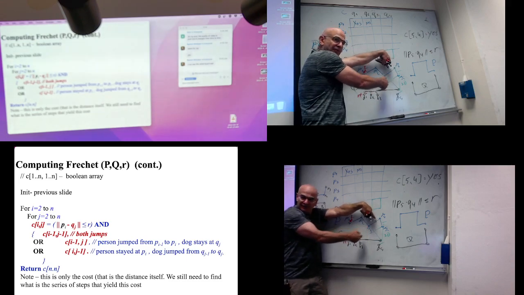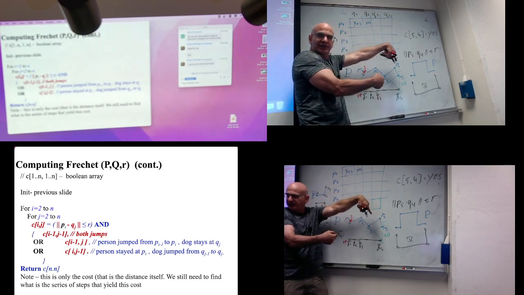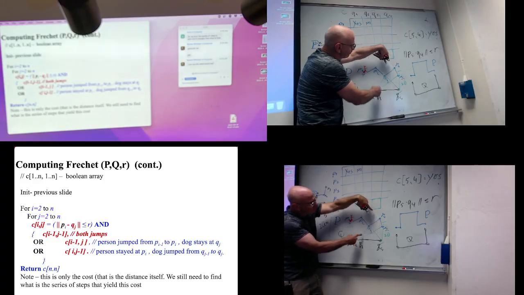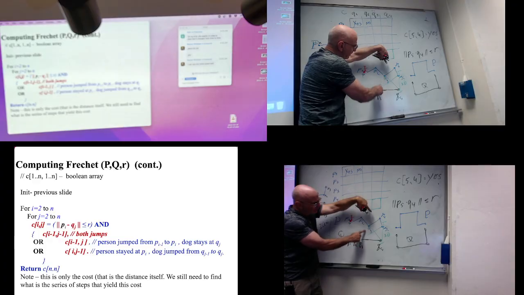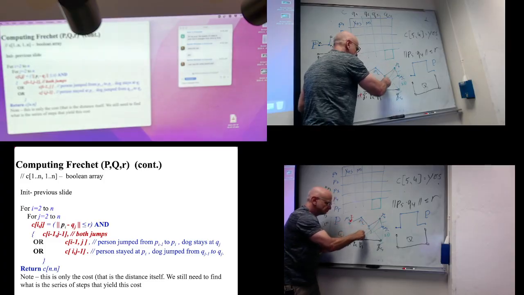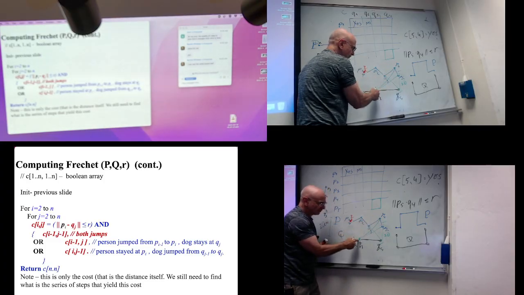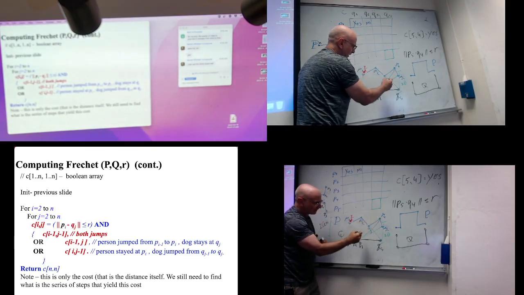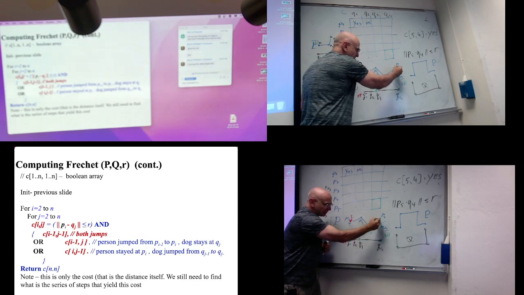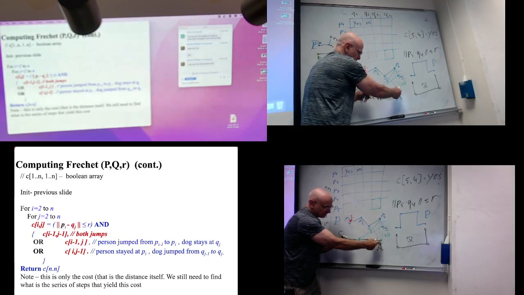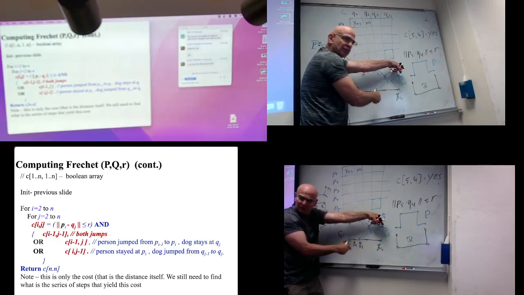Either the dog and the person were at P4, Q3, or they were at P4 and Q4, the dog arrived earlier and then the man jumps, or the person was at P5 and the dog was at Q3.